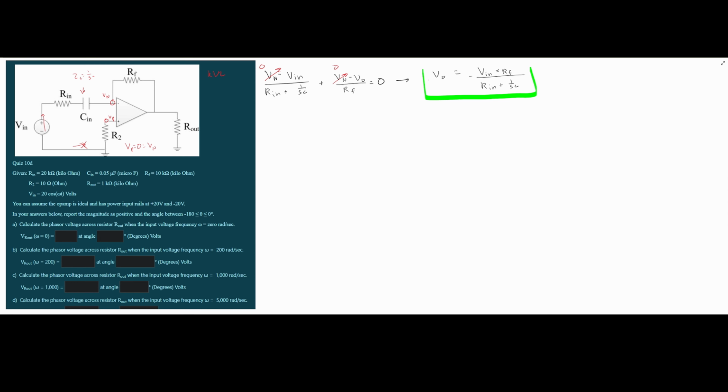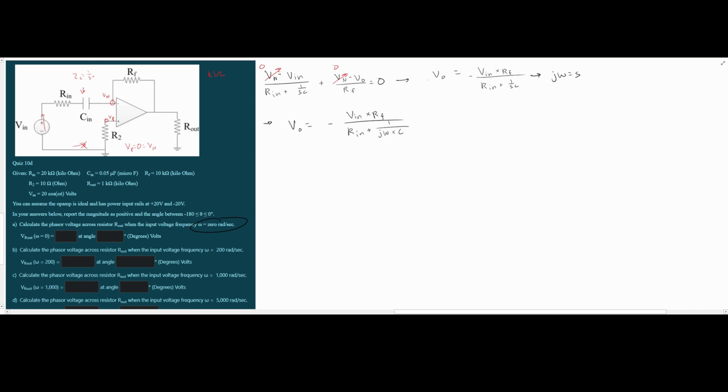But instead of boxing this up, we should convert this using j omega equal to S. So coming down here, V naught is equal to negative V input multiplied by RF, and in the bottom we have Rin plus, and this is the part that's different, 1 divided by j omega times C. That's super important to note, because we are introducing omega down here and also in here.